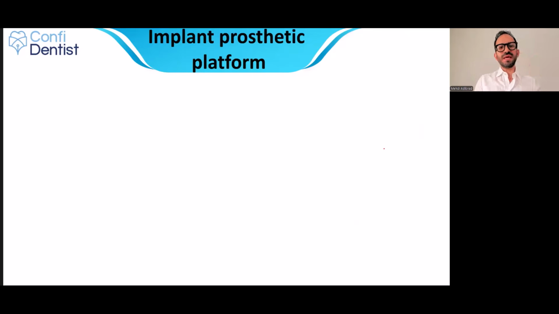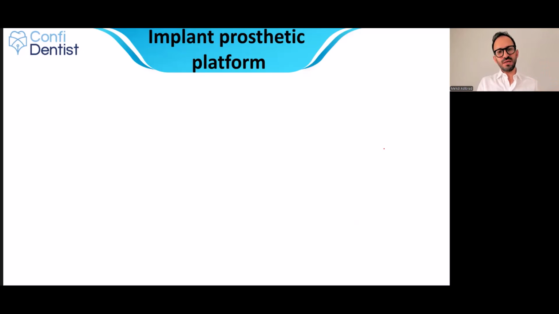So you should be able to identify the implant prosthetic platform. Very, very important. Whenever you see an X-ray of an implant, make sure you are able to tell, okay, this is my prosthetic platform. So you have to practice. You need to see a lot of X-rays.